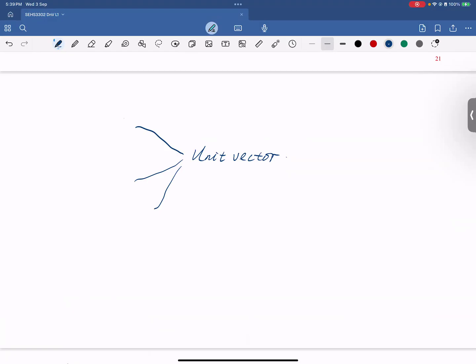We can use it for displacement, right? Displacement or velocity or acceleration. Actually, even more, because in later lectures, we'll talk about angular displacement, angular velocity, and angular acceleration.